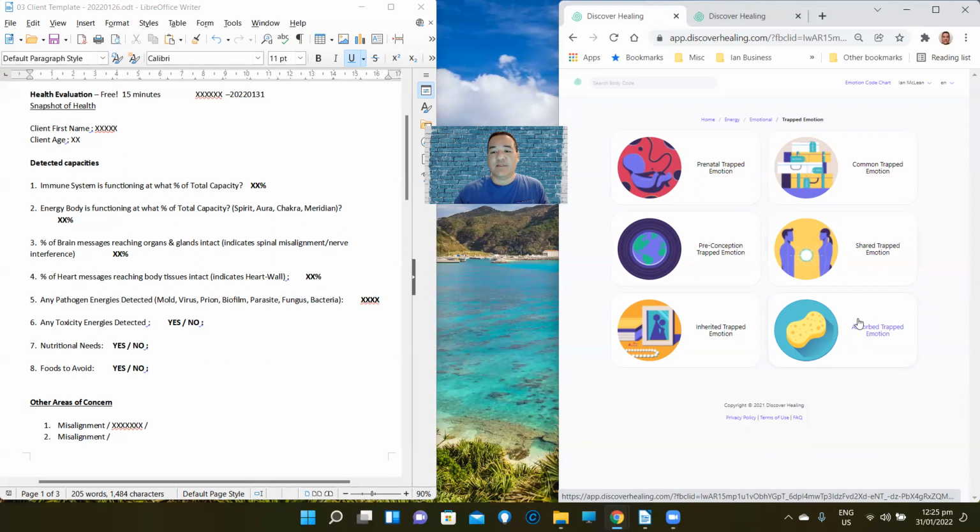Where these emotions get trapped in the body, they're like a ball of energy and they push against that area. So if they're stuck in the lower back spinal column, they may actually push against your vertebra, and that causes a misalignment. And then you get the pain and the nerve pain.